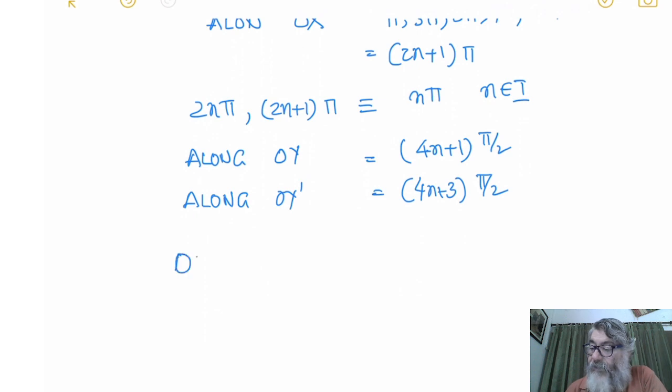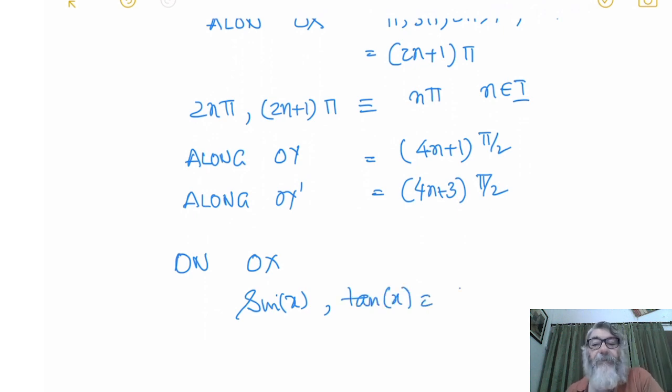On OX, sin x is 0. Sin 0 is 0. And tan x will also be 0, because tan x is sin x upon cos x.